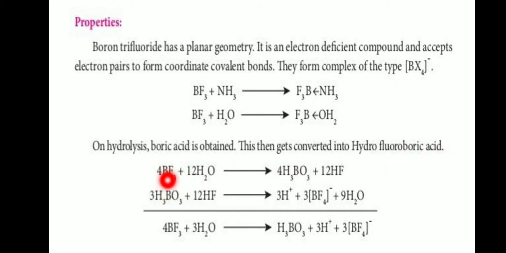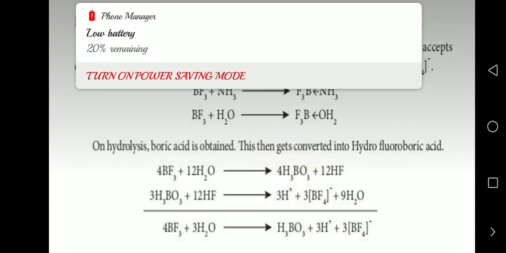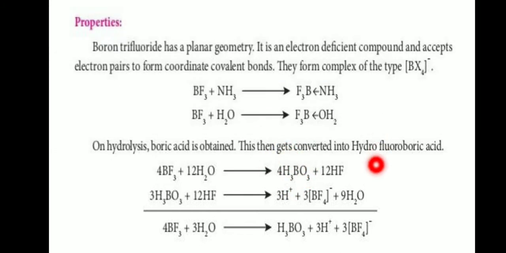BF3, boron trifluoride, on hydrolysis with water forms boric acid, H3BO3, and hydrogen fluoride. Next, the boric acid and hydrogen fluoride form H plus ions, BF4 minus ions and 9H2O.